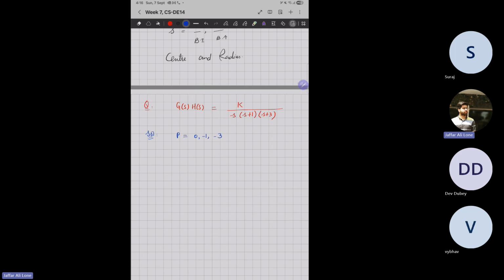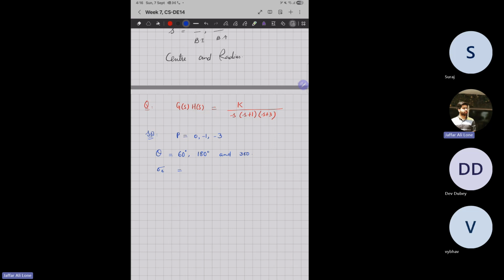First, let's plot the root locus. There is no zero, so there are three asymptotes. And no need to calculate the angle of asymptotes. You directly know it will be 60, 180, and 300. So my angles of asymptotes will be 60, 180, and 300. Now the only thing you need to calculate is the centroid.